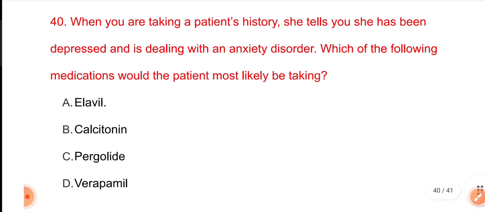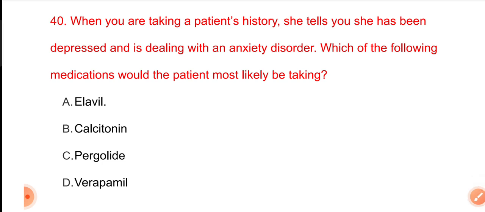The next question is, when you are taking a patient history, she tells you she has been depressed and is dealing with an anxiety disorder. Which of the following medications would the patient most likely be taking?